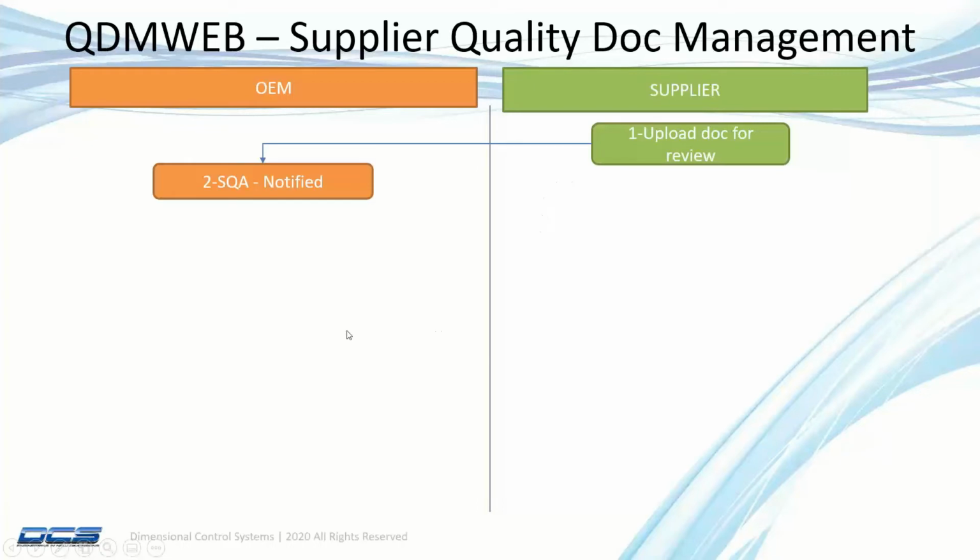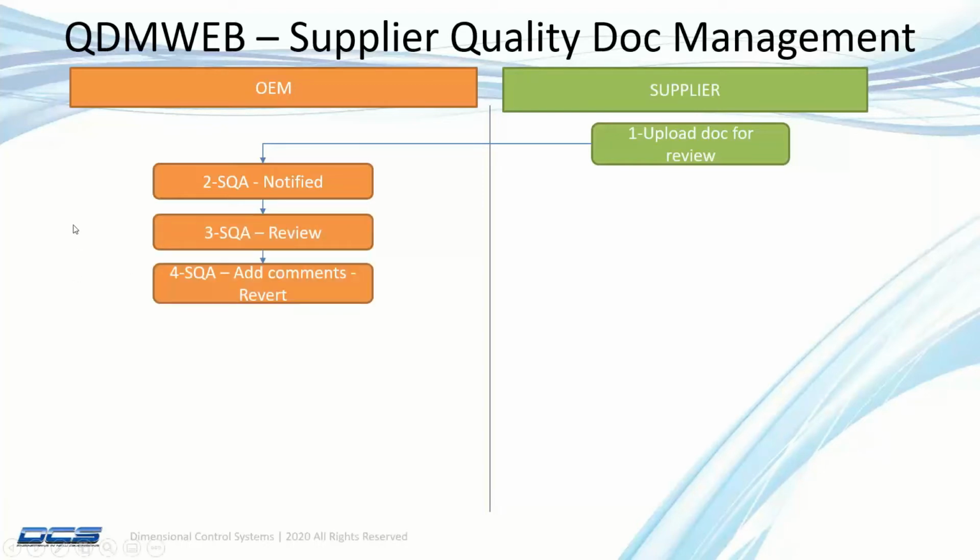Now the SQA at the OEM is notified that there is a document waiting for review. The SQA reviews it. In this case, let's say there are some not okay points or points that need to be fixed in that PPAP document. So the SQA can add comments and reject that document, and that rejection notification goes back to the supplier.